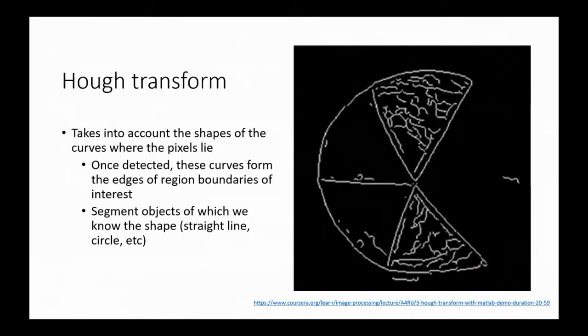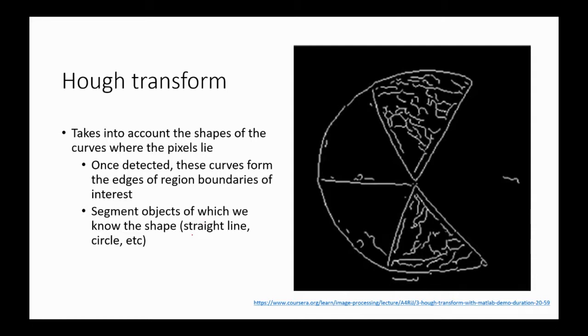So why don't we use the equation of a circle to be able to segment this properly? That's exactly what the Hough transform does. It takes into account the shapes of the curves where the pixels lie. Once detected, these curves from the edges of the region boundaries of interest segment objects according to the known shapes.